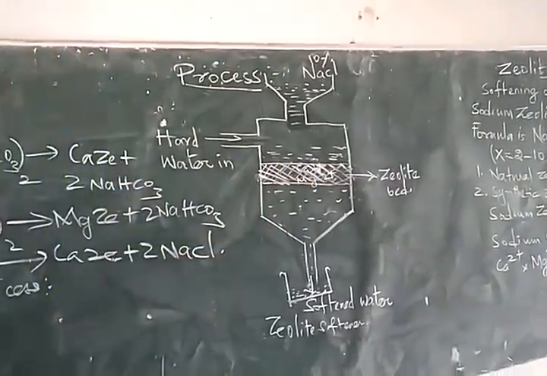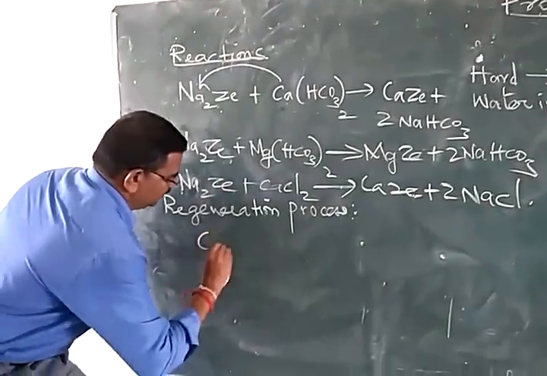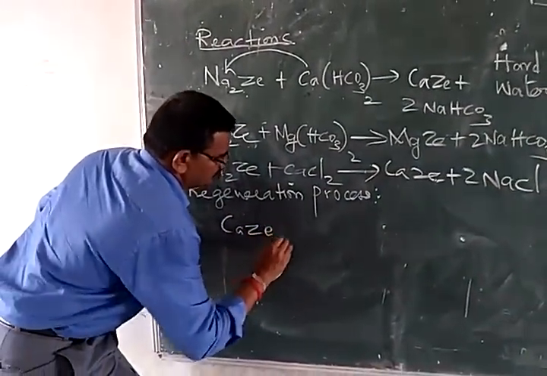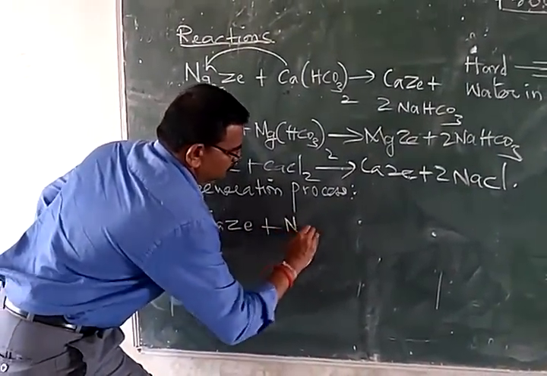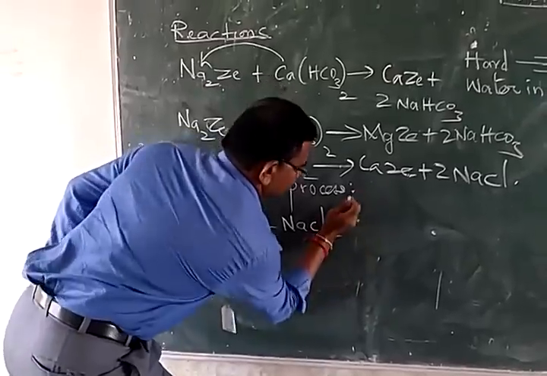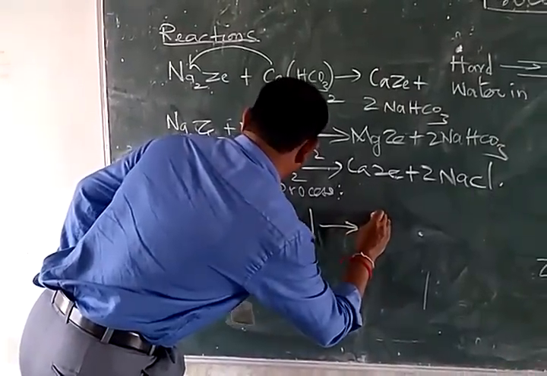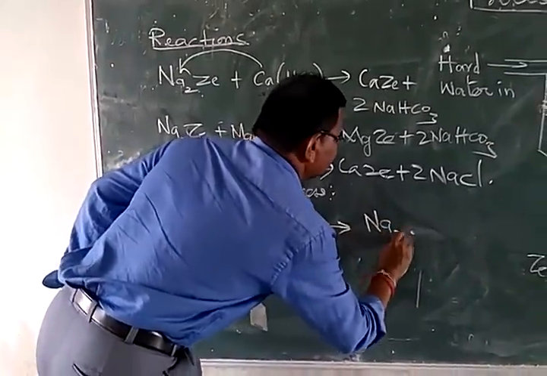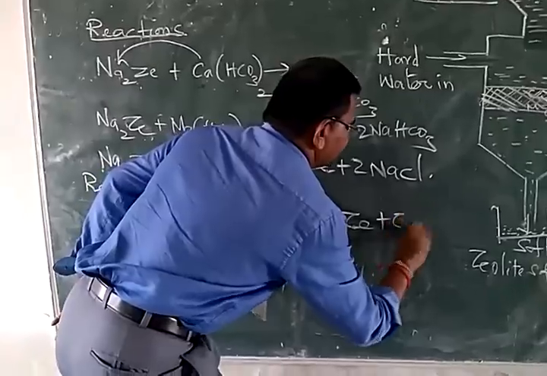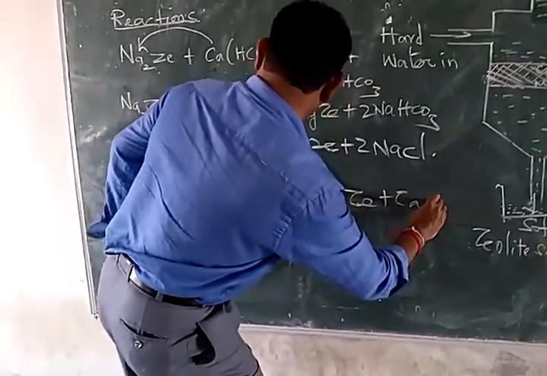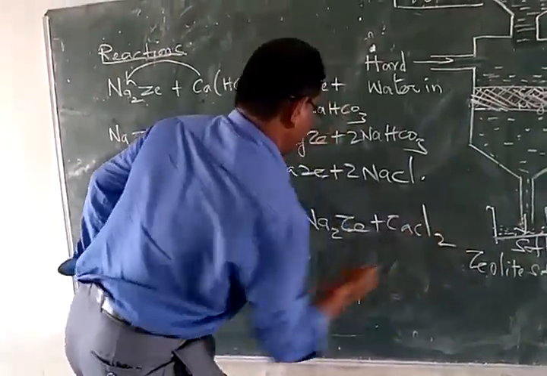So the reaction is calcium zeolite plus sodium chloride gives sodium zeolite plus calcium chloride.